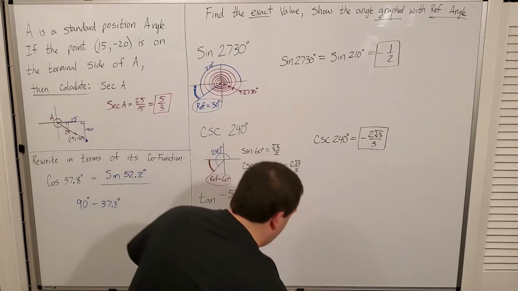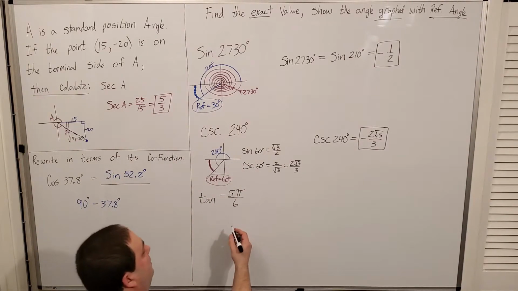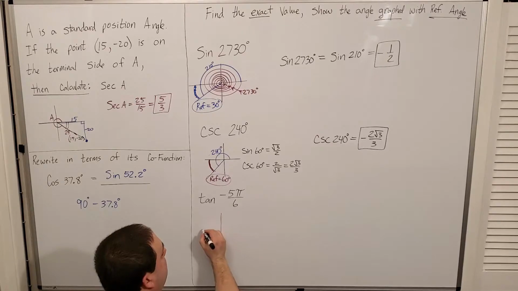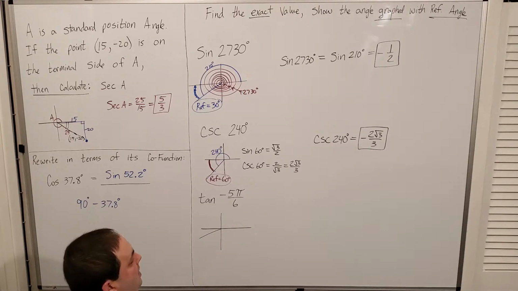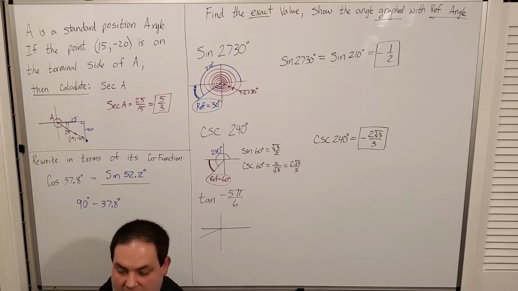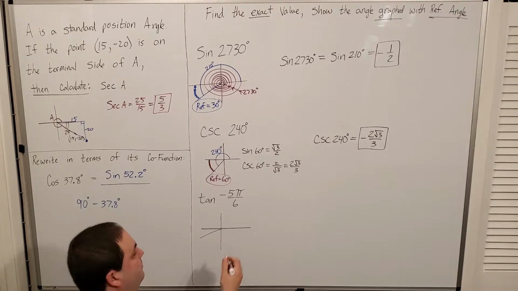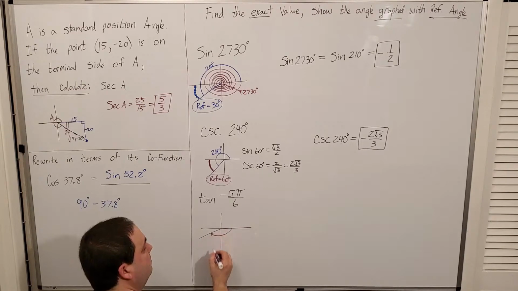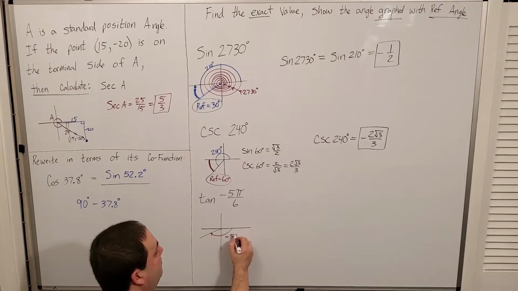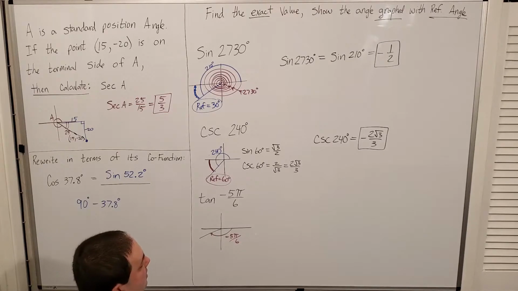So I know to graph this one out, it's going to be something like this. And my negative 5 pi over 6 is going to be this rotation here. Okay? And remember, this is pi over here on the axis.